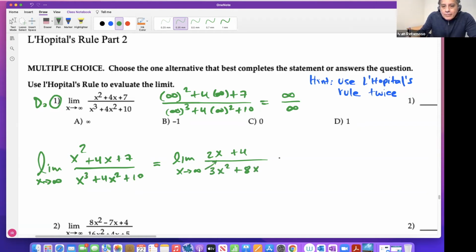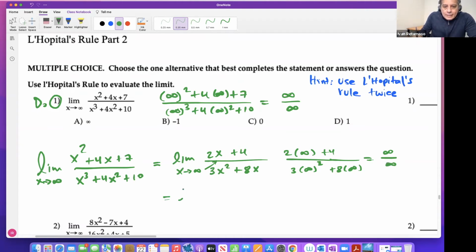But if you substitute at that point, it might not be enough, because look at this: 3 times infinity squared plus 8 times infinity. Again, I got stuck with this indeterminate form.